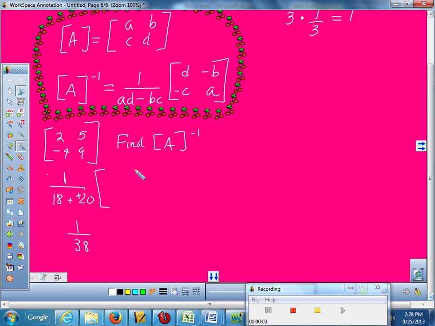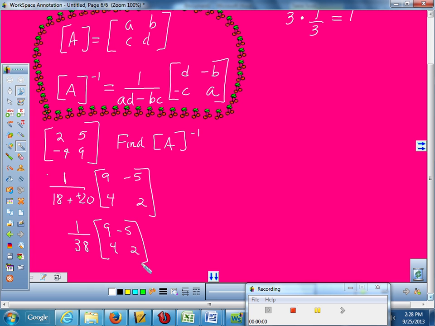Now, what do you do to the numbers in the matrix? 9 and 2 switch. The other two numbers stay put, but they change signs. So we'll have a -5 and a +4. And so if you take that times 1/38, you have your inverse matrix.